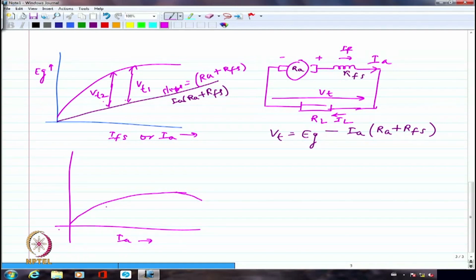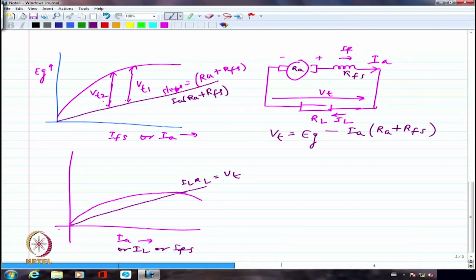And if I have the load characteristics, which is IL multiplied by RL, this particular line is the load line. This is equal to VT, that's what we are drawing. So this is IA or IL or IFS, all of them are the same, so it doesn't matter what I write as my x-axis.